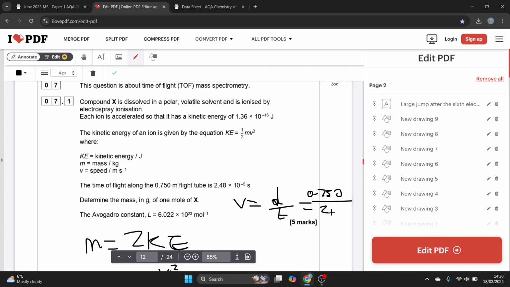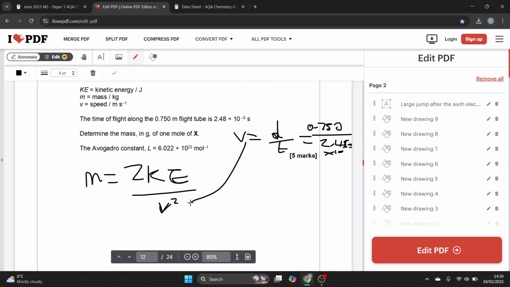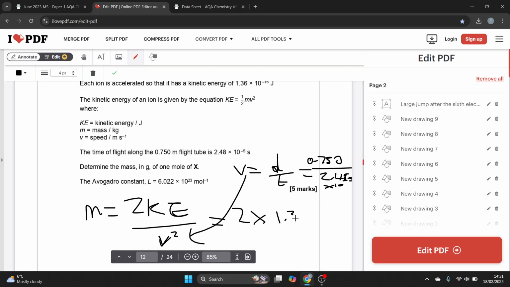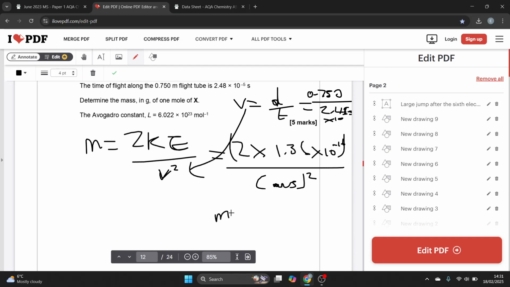The time is 2.48 times 10 to the power minus 5. Find out the velocity and then substitute into here, squared. And 2 times by kinetic energy, which is 1.36 times 10 to the power minus 16 joules, divided by the velocity squared. And that gives you the mass in what?